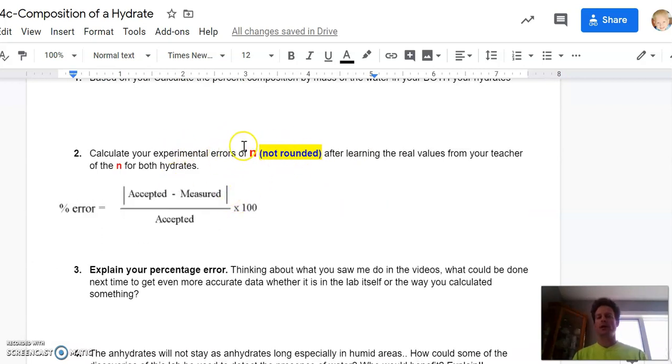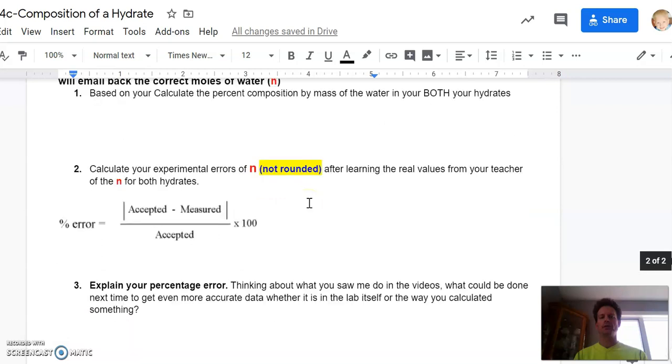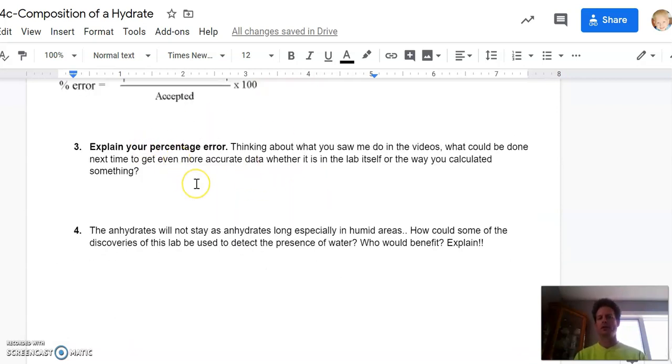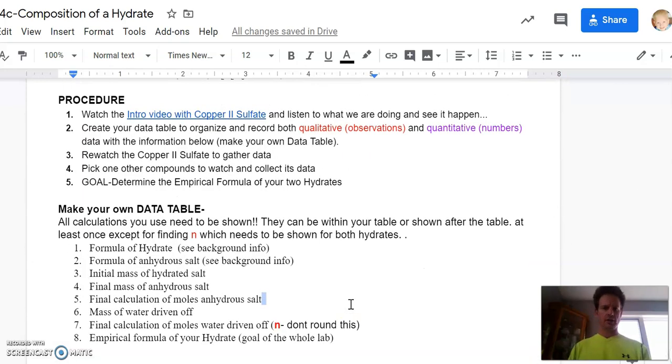This is why we didn't want to round that answer, even though in your empirical formula we will. Because I want you to calculate, okay, what was the experimental error? And then, number 3, what could we do better? And different things like that. And then slightly, how could we use this idea of anhydrous and then rehydration to help us out?